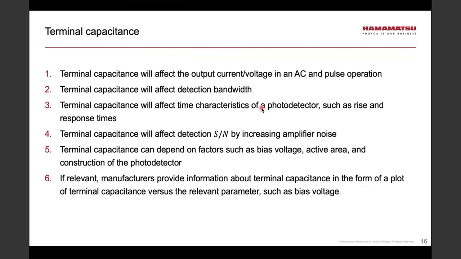However, if the light comes to us with some modulation, i.e., we have AC light or pulse operation, then that capacitance is going to conduct current, i.e., it is going to participate in the formation of the output signal.